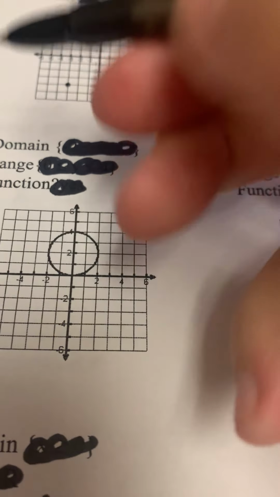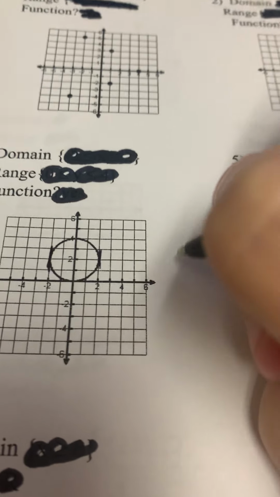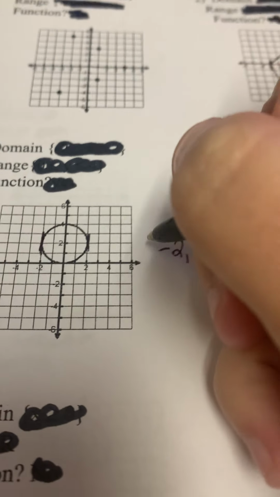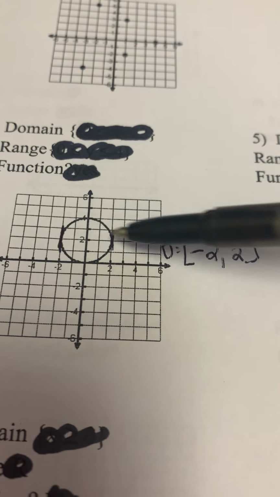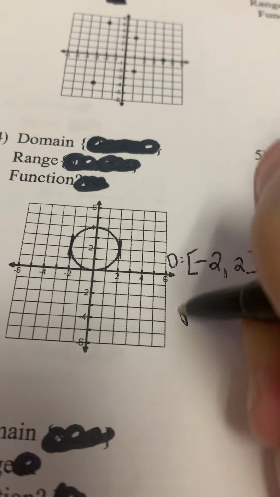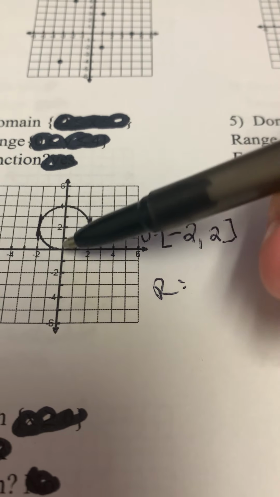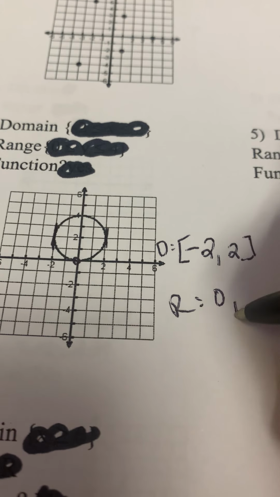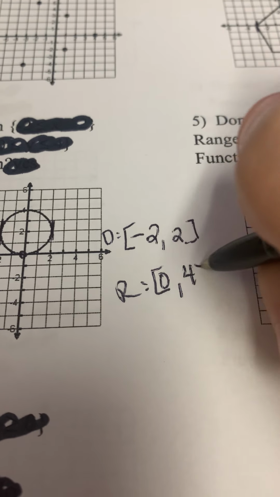All right, here's a circle. And the circle, you can see we're going from here to here. So we're going from -2 to +2, and we're going to close those in here because they're closed, right? And in the range here, we're going from the bottom to the top, and we start here on the y value at 0, and we're going to include that, and we're going up to 4.